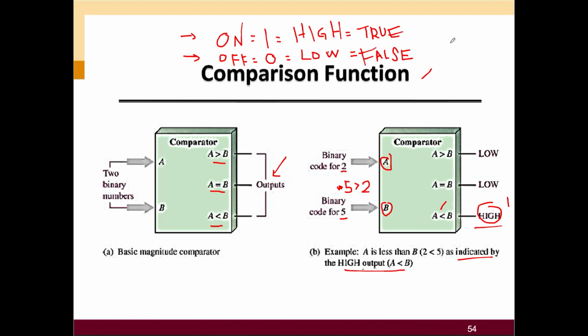Sometimes in the test and also in the final exam, different lecturers create the questions, so it depends on them which words they want to use. So just make sure that you understand high and low, true or false, 1 and 0, on and off. As long as you understand this, you can basically understand the question itself.